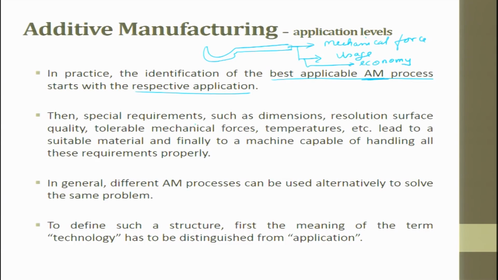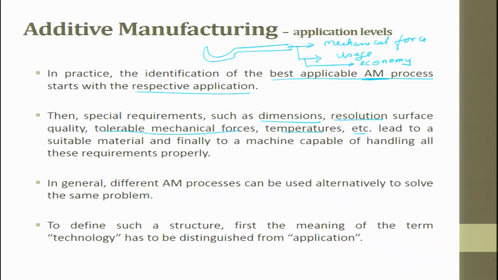process. Then special requirements such as dimension, resolution, surface quality, tolerances, temperature, etc. lead to the suitability of the material. For example, once you start working on powder based materials, the resolution of the part you get is very high, the tolerances are very tight. If you use wire, you might not get the same tolerance.